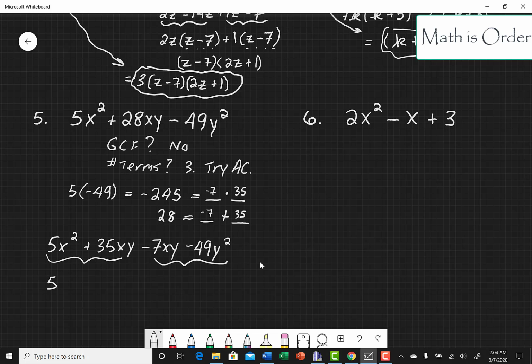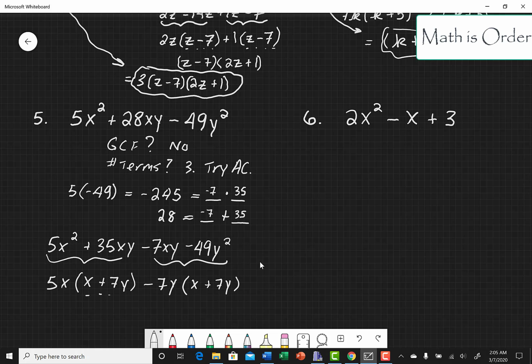What can come out of the first two terms here is 5x, leaving us x plus 7y. What can come out of the second two terms here? Looks like negative 7y, leaving us x plus 7y.